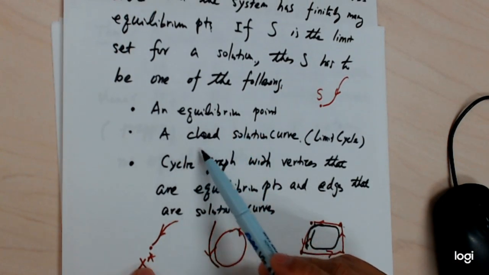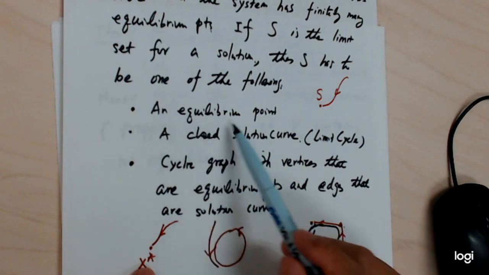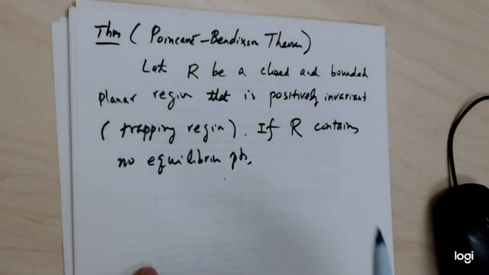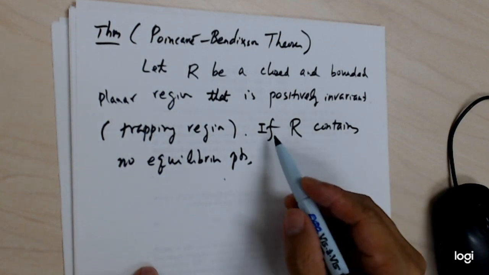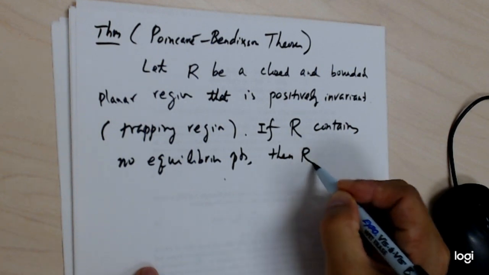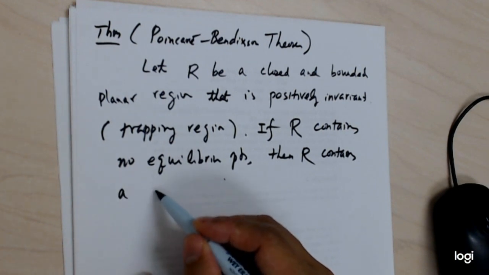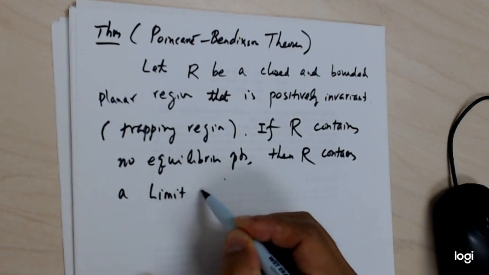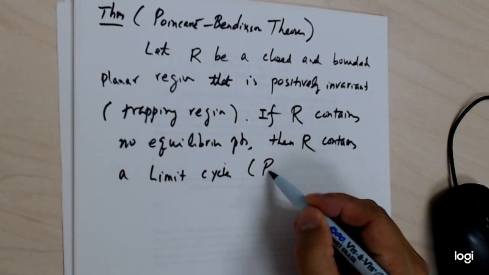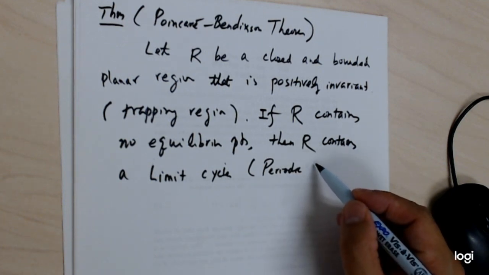That is, there has to be a closed solution curve, being its limit cycle. Because there is no equilibrium, there is no cyclic graph. It has to be a closed solution curve, and that's what the Poincare-Bendixson theorem says. If R has no equilibrium points, then R contains a closed orbit or limit cycle. That indicates the existence of a periodic solution. In other words, both x and y are periodic.